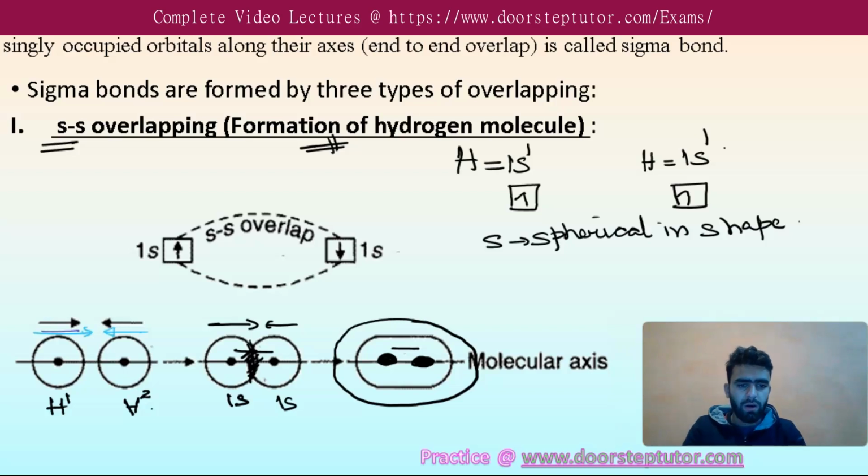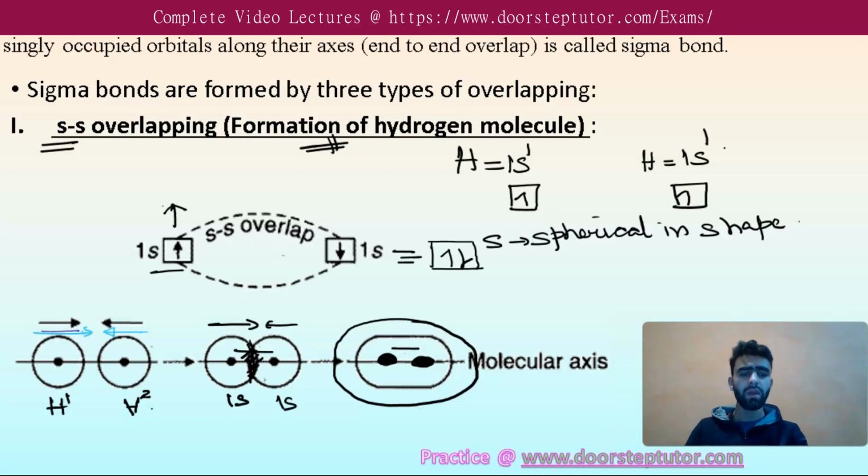So whenever ss overlapping happens, a single covalent bond is formed. I have represented this diagrammatically here. This is hydrogen 1, having an up spin, and this hydrogen has a down spin. When overlapping happens, this type of orbital is generated, with opposite spins.